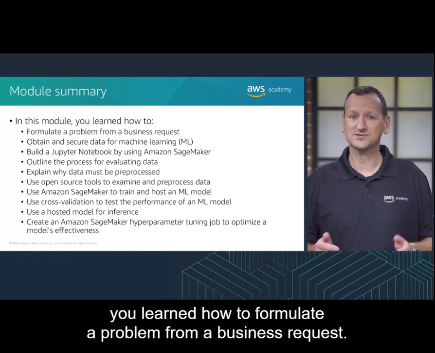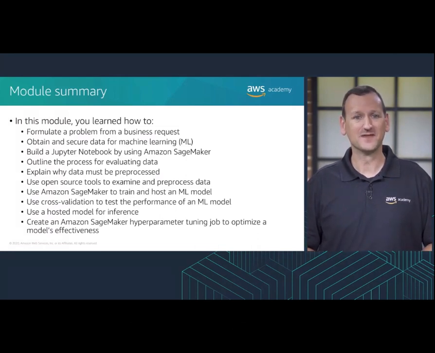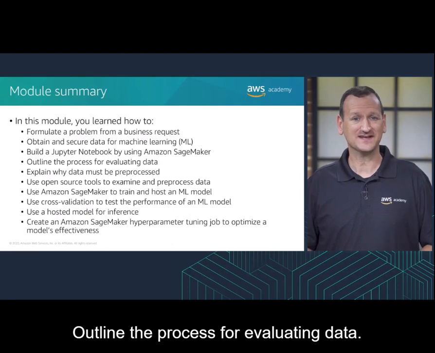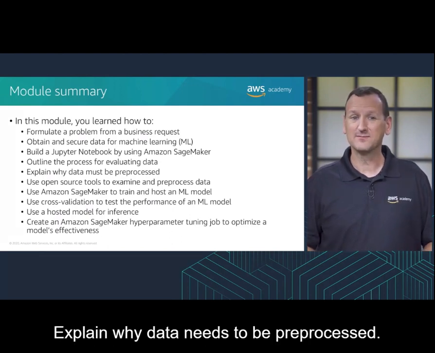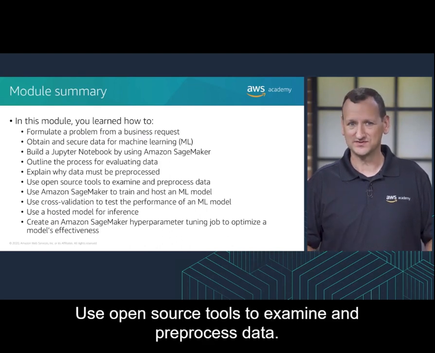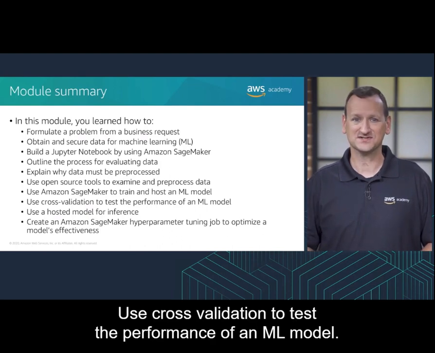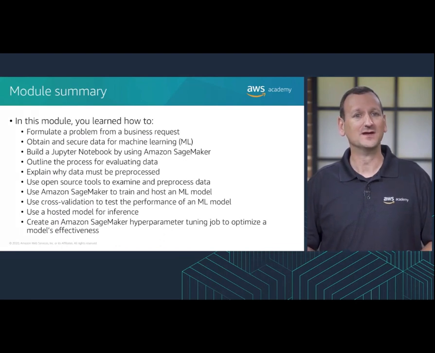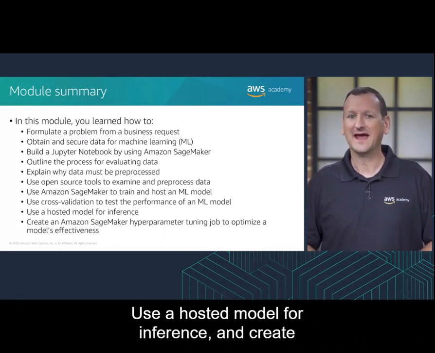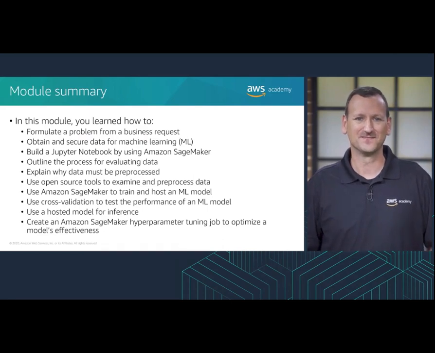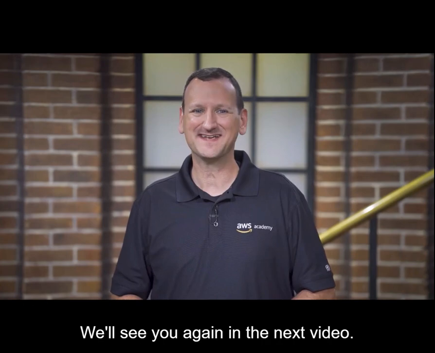In this module, you learned how to formulate a problem from a business request, obtain and secure data for machine learning, build a Jupyter notebook by using Amazon SageMaker, outline the process for evaluating data, explain why data needs to be pre-processed, use open source tools to examine and pre-process data, use Amazon SageMaker to train and host a machine learning model, use cross-validation to test the performance of an ML model, use a hosted model for inference, and create an Amazon SageMaker Hyperparameter tuning job to optimize a model's effectiveness. That concludes this module. Thanks for watching. We'll see you again in the next video.